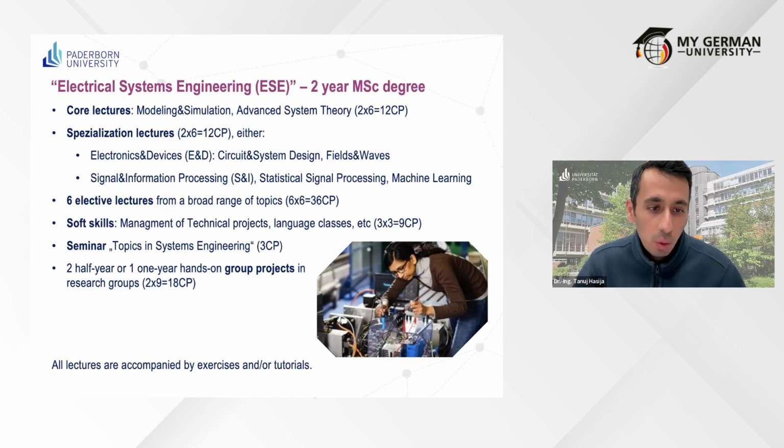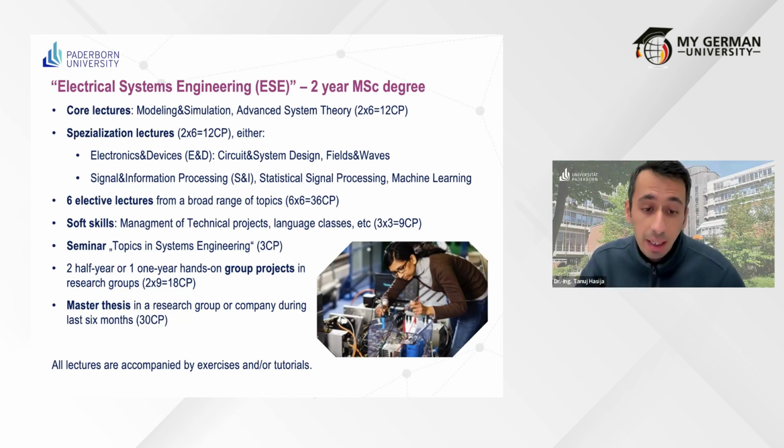And we offer 2 half years or 1 complete year of group projects, hands-on practical projects on various different topics, followed by a master thesis in your last semester, typically around 6 months, in either one of the research groups in the department or the faculty, or interdisciplinary between different departments, or you can also do it in a company and be supervised by a professor. So both are possible.